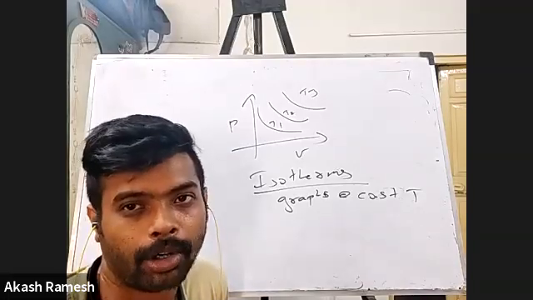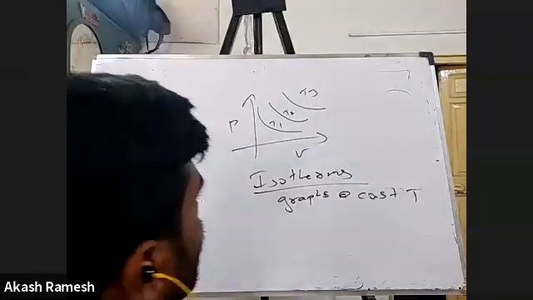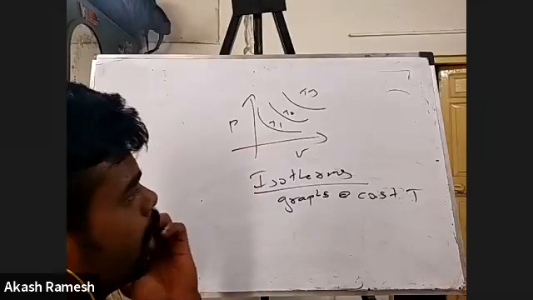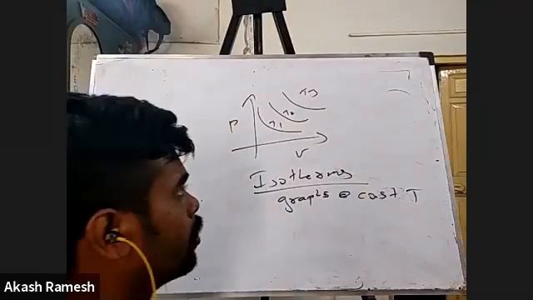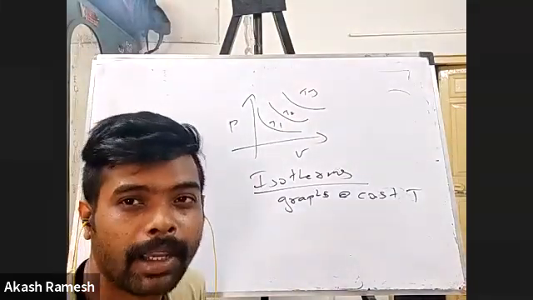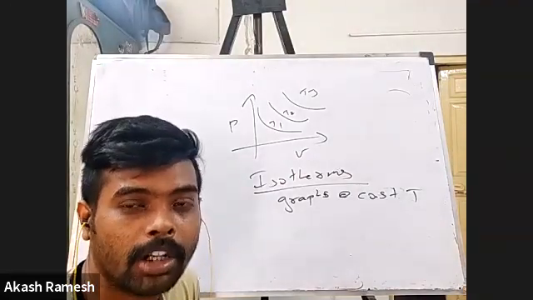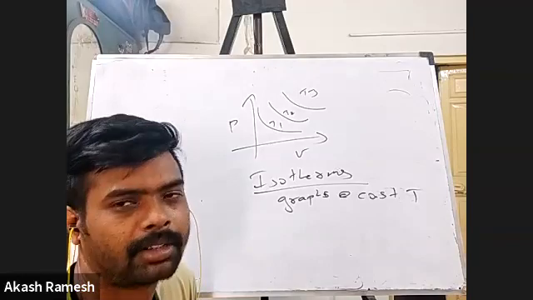Now how are we going to go about it? For finding out the values of T1, T2, T3, let me make volume constant. You can even do pressure constant, it doesn't matter.